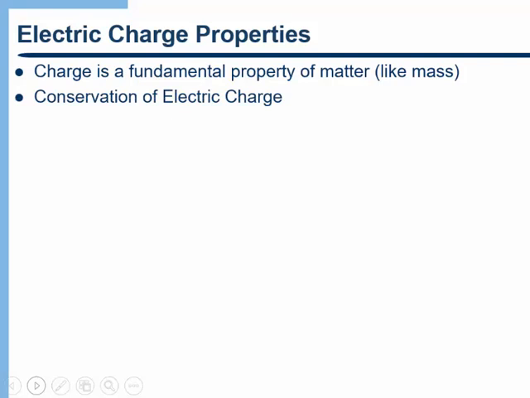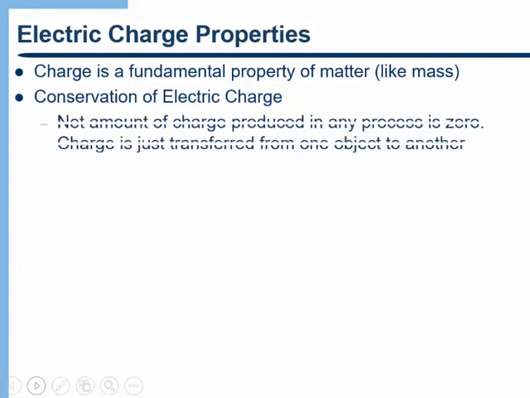One of the important ideas about electricity is the conservation of electric charge. Now, if you think about what we meant by conservation when we talked about conservation of energy or conservation of momentum, what we meant was that the total amount of energy doesn't change, or the total momentum before a collision and after a collision are the same. And that's exactly what we mean when we talk about conservation of electric charge.